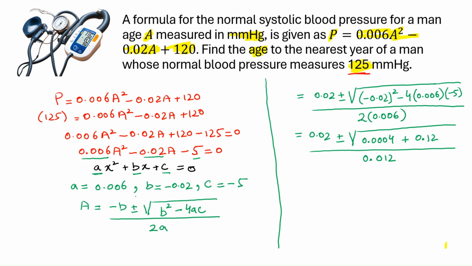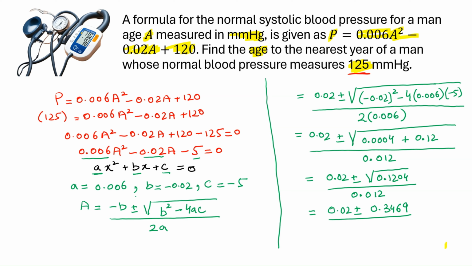Further simplification: 0.02 plus minus the root of 0.1204, divided by 0.012. Taking the square root, this becomes 0.02 plus minus 0.3469, divided by 0.012.